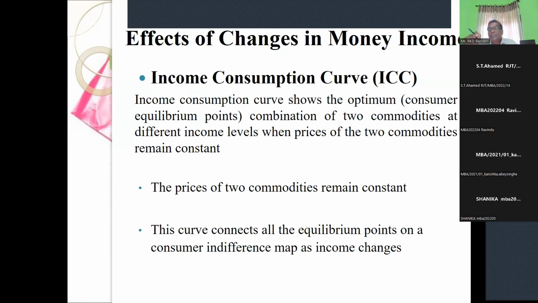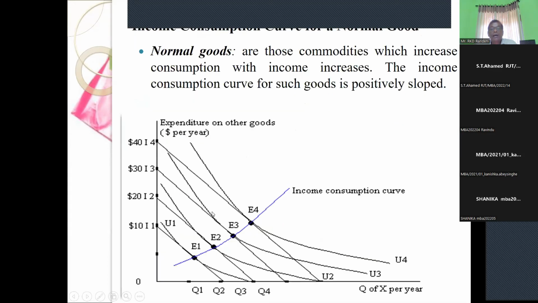The price of the commodity changes, then the equilibrium also changes. Then the consumer income changes, then the equilibrium also changes. The income consumption curve shows the optimum consumer equilibrium combination of two commodities at different income levels when the price of the two commodities remains constant.